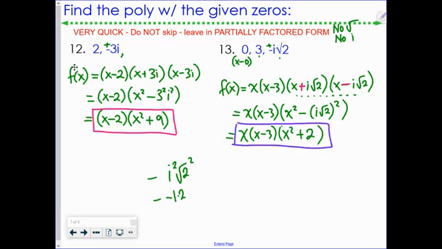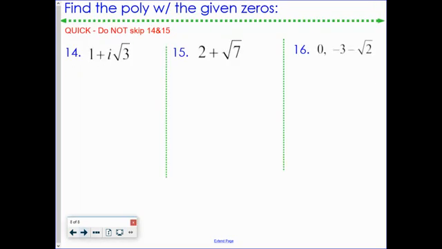One more screen and we're done for the day. So if you'd like to try these, pause your video, and I'll do these ones. This is a 0. It has a partner. It's part of a conjugate pair. Remember, we're building a polynomial. We need factors.